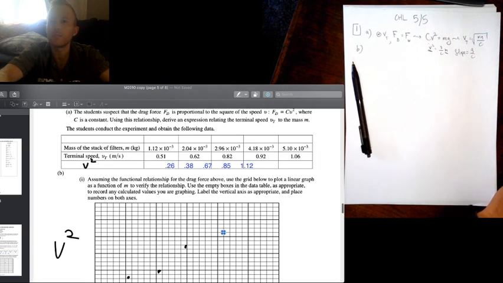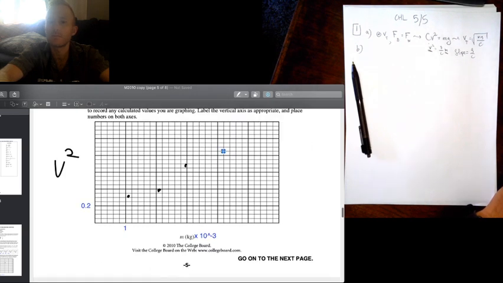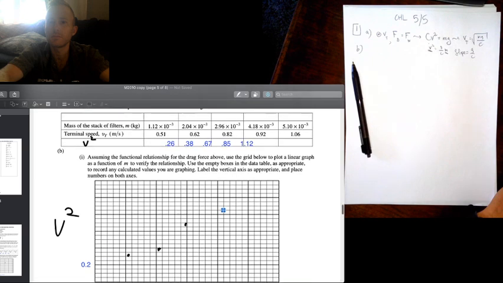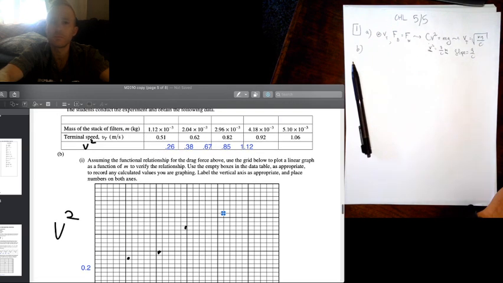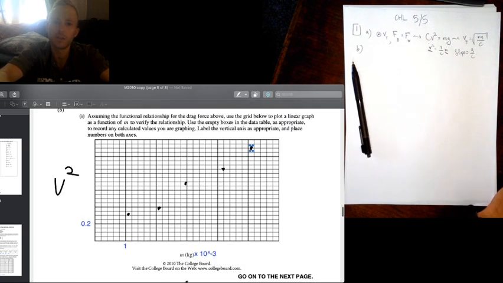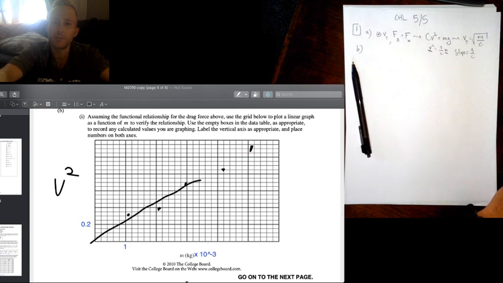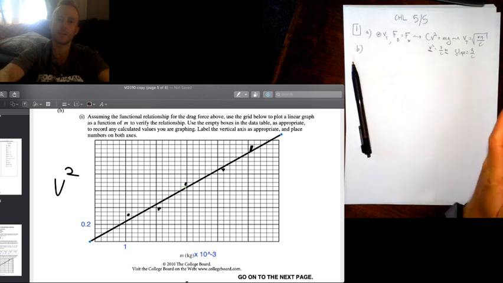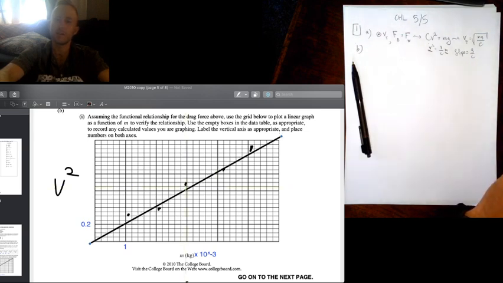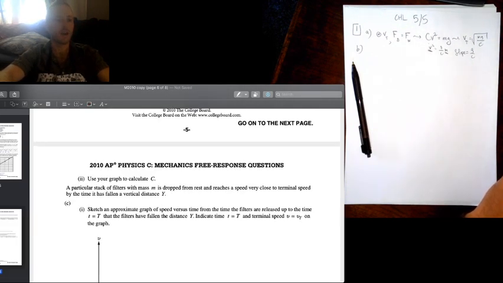And then 5.1 and 1.12, about right there. Okay, so we make our line of best fit, like so, and it looks pretty linear. That's pretty good. Let's shift that down, like so. Cool.